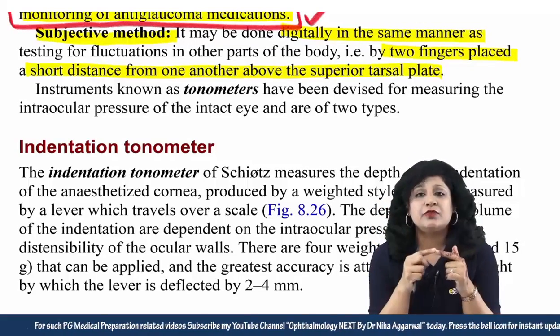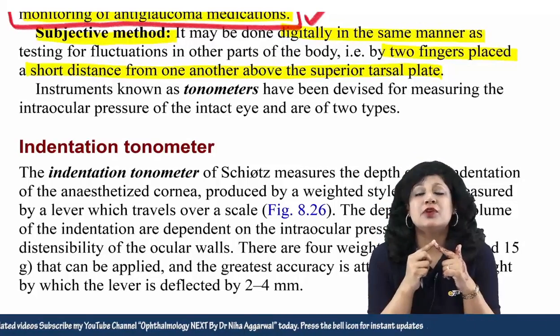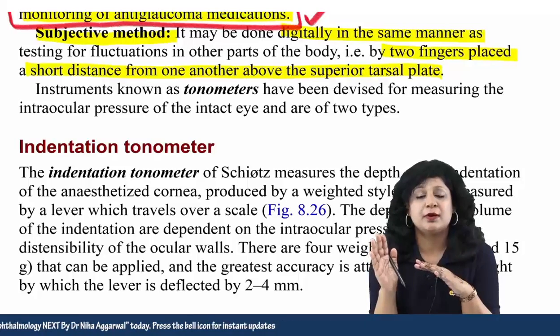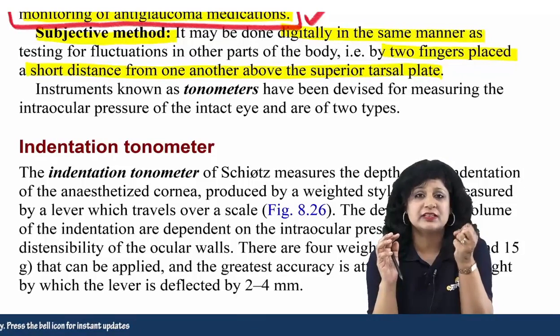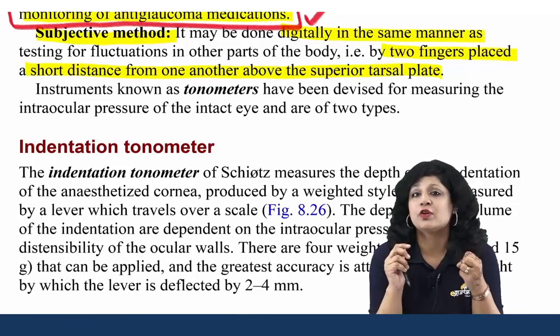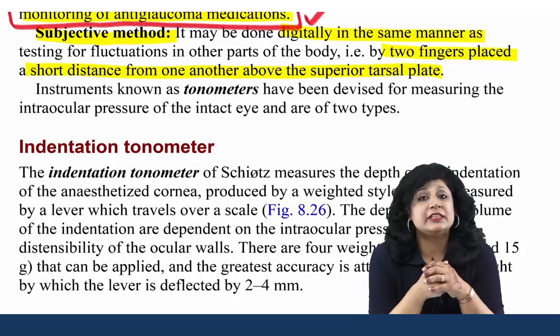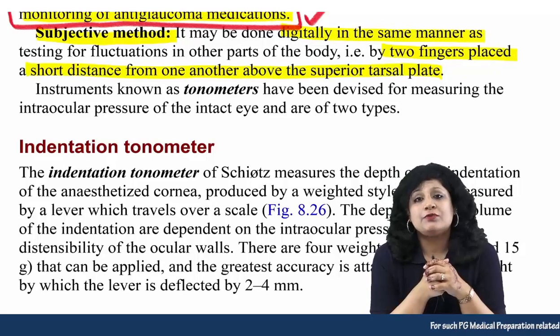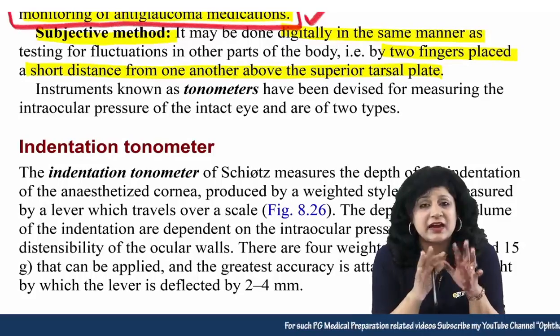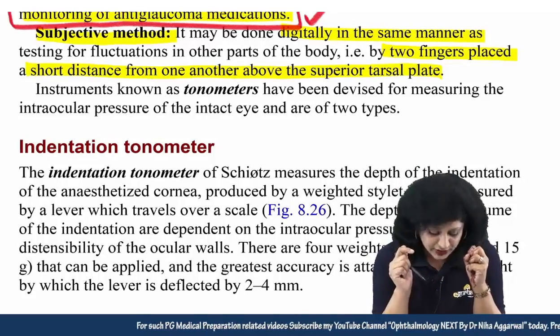A very important thing is that you have to ask the patient not to close the eye, because if the patient is closing the eye, orbicularis oculi will contract, and that will lead to falsely high intraocular pressure. So you have to ask the patient to look downwards and not squeeze or close the eye.